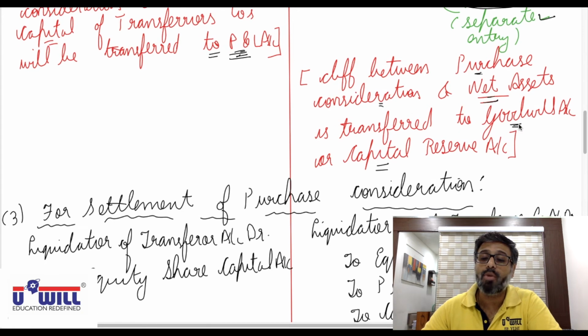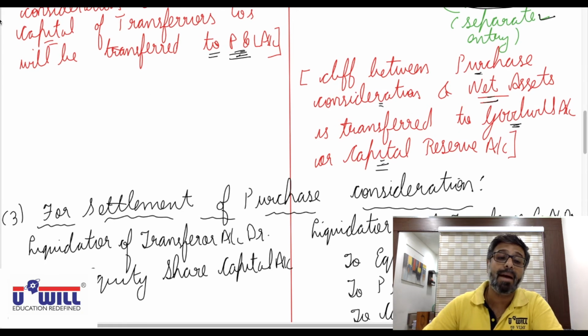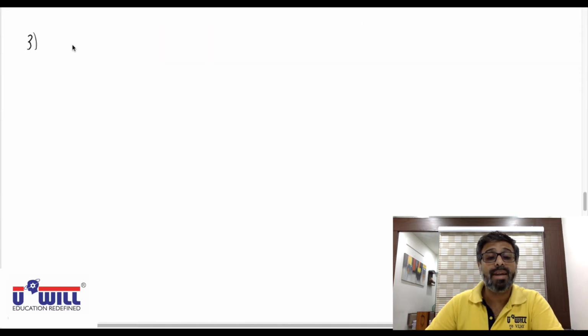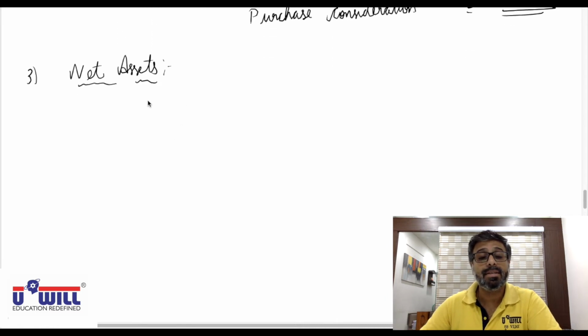If we are paying more, goodwill; if we are paying less, capital reserve. So, let us first find the net assets taken over. We have to compare purchase consideration with net assets. So, net assets means agreed value of assets taken over.